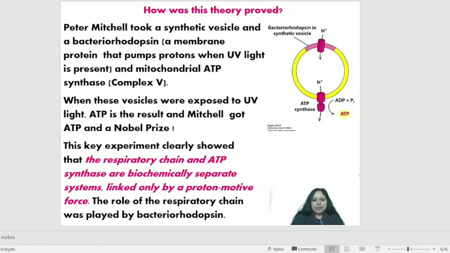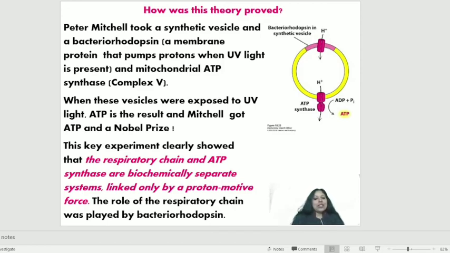Second, the ATP synthase takes this proton out, and via the coming out of the proton through this complex, in the presence of ADP and inorganic phosphate, ATP is formed.